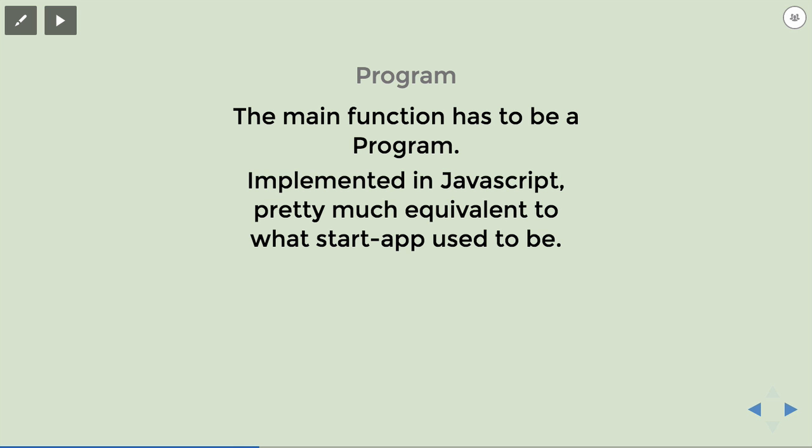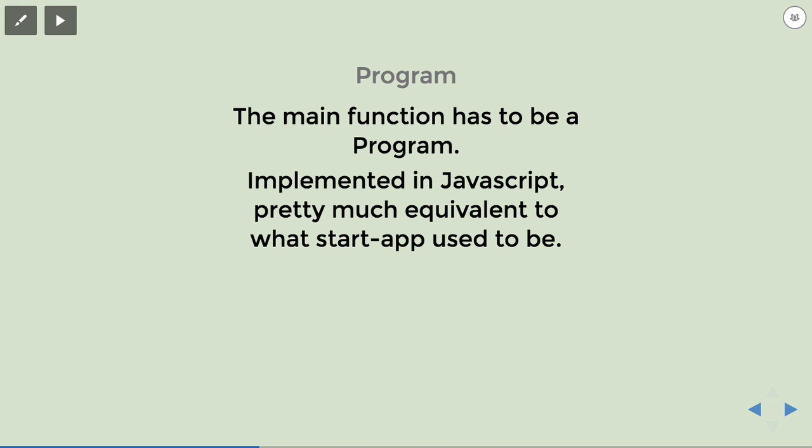The main function in Elm is really important. It's what drives the whole program. If you don't have a main function, nothing will run. While before you were free to use any compatible type for the main function, generally a signal or something, now it has to be a program. Program is implemented in JavaScript, so if you look it up in the source code, you will find it, and it's all in JavaScript.